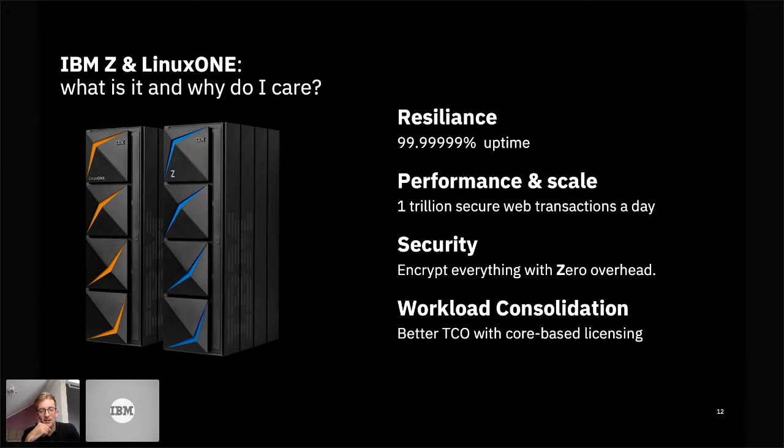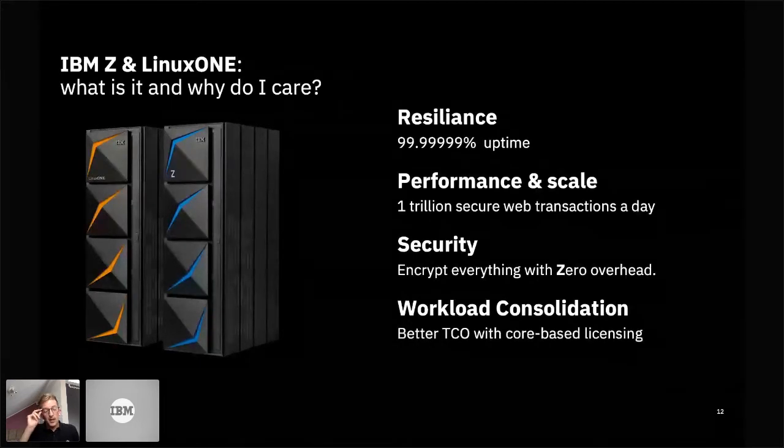This translates to around, on average, 8 seconds per year of downtime. This is a piece of data which no other server in the world can achieve, and for enterprises which really rely on such systems, this is a great selling point.